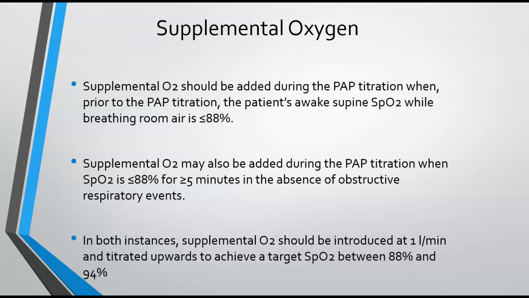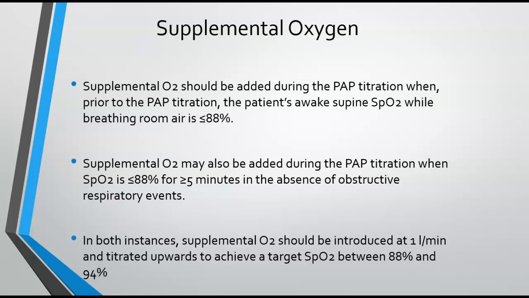So what does the guideline say? The guideline says you can add supplemental oxygen if the SpO2 is below 88 percent for more than 5 minutes, a sustained drop, not a desaturation and resaturation pattern.